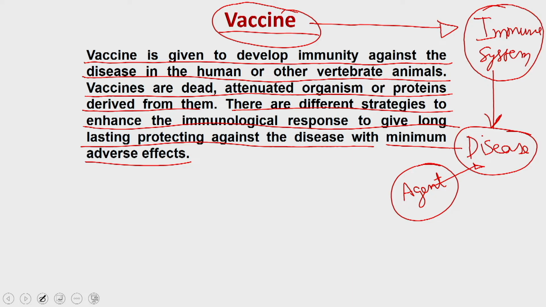In this case you can take the dead organisms, the attenuated organisms, or even the proteins from that organism to challenge and train your immune system in such a way that when the real organism comes, it combats these infectious organisms and eradicates them from the system.